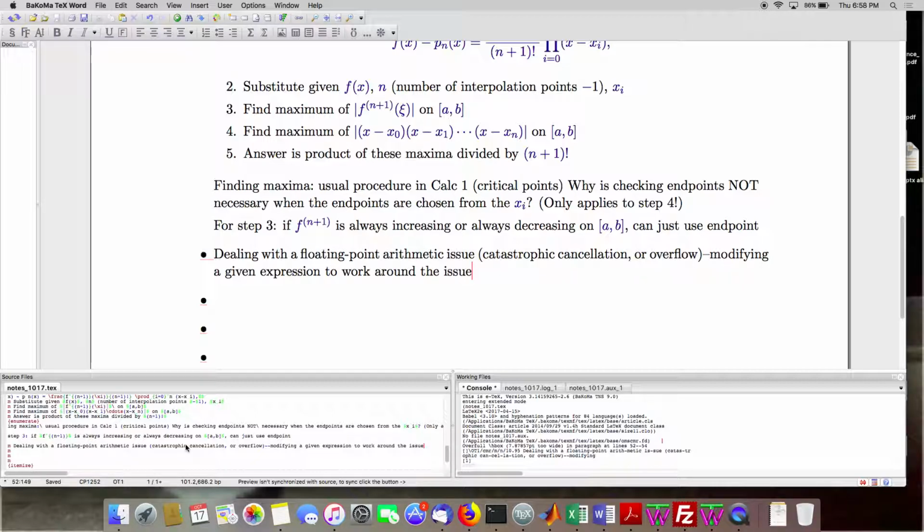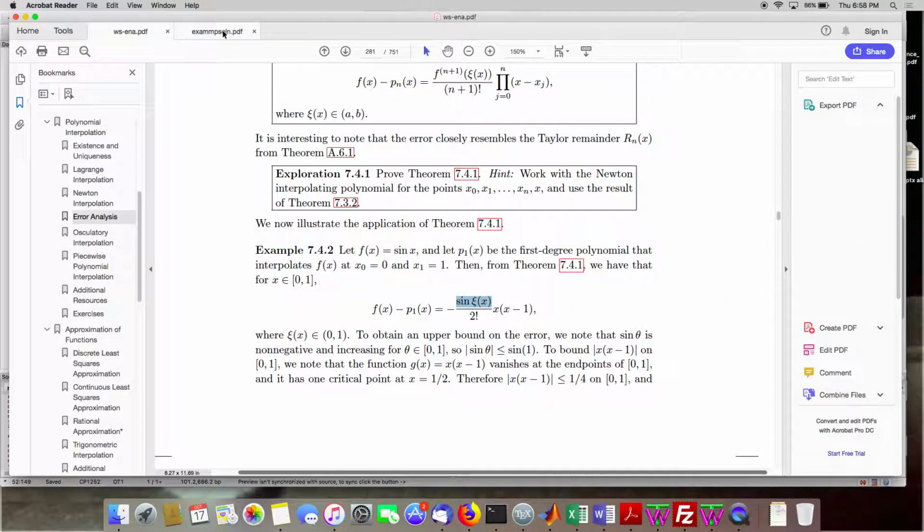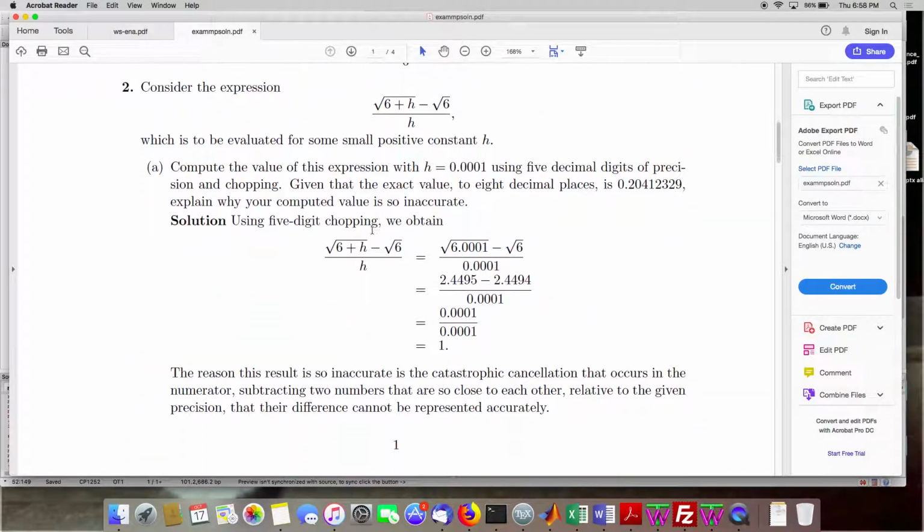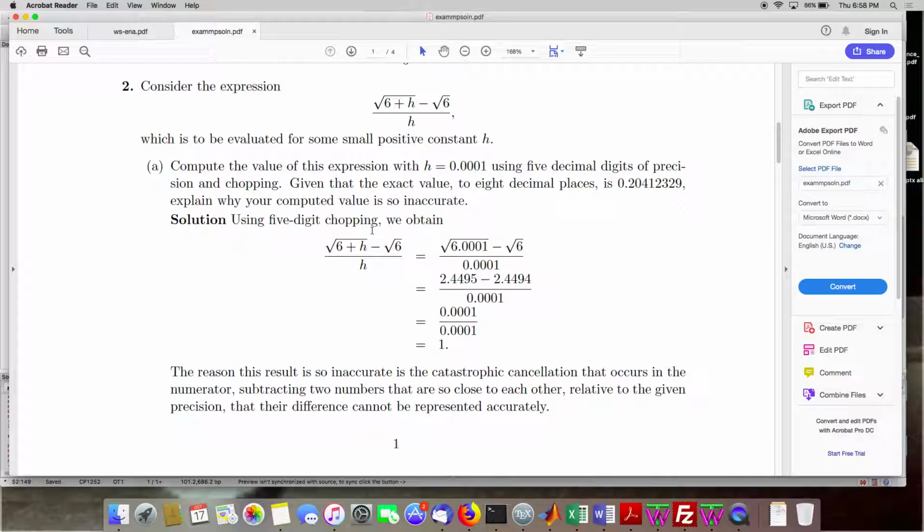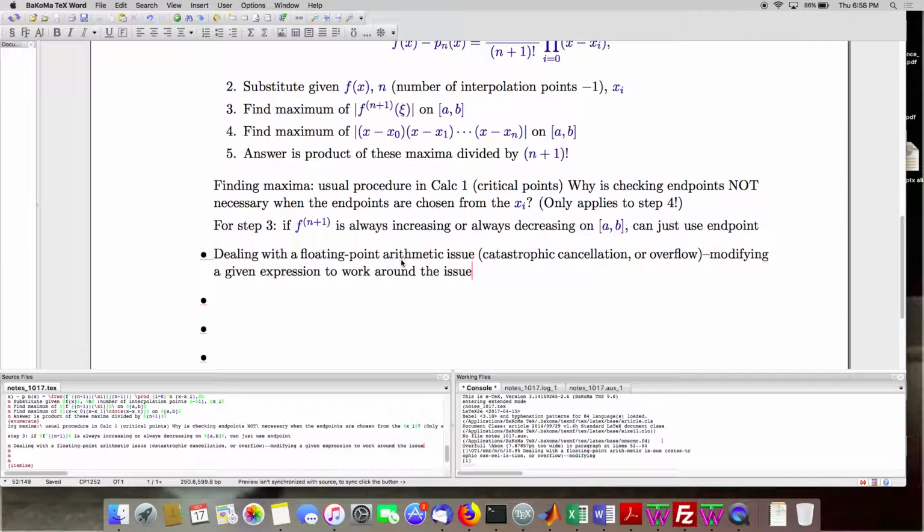Now, what's happening here is in a problem. If we look at a problem on a practice test, this is something where catastrophic cancellation comes up. Here, you're evaluating it using 5 digits. When I give a direction like this, I'll make a note of that.